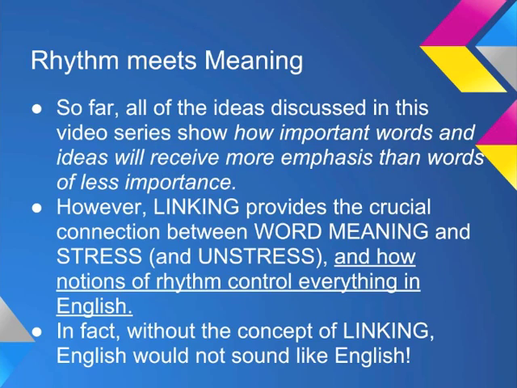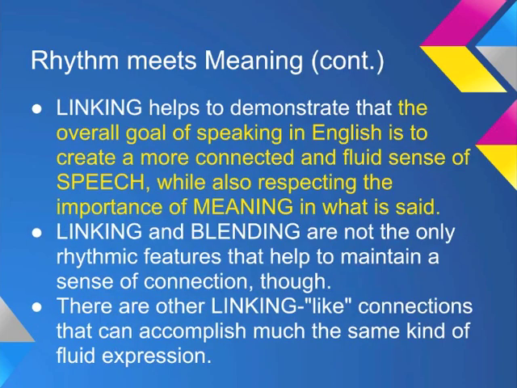However, linking provides the crucial connection between word meaning and stress and unstress, and how notions of rhythm control everything in English. In fact, without the concept of linking, English would not sound like English. Linking helps to demonstrate that the overall goal of speaking in English is to create a more connected and fluid sense of speech, while also respecting the importance of meaning in what is said.